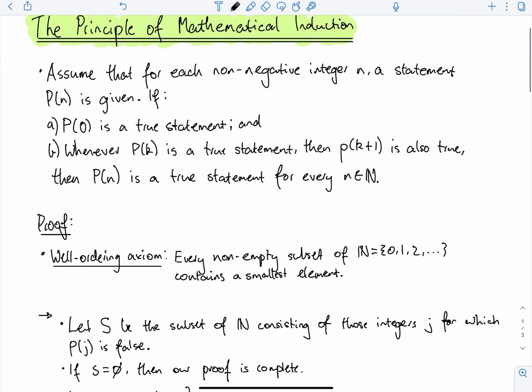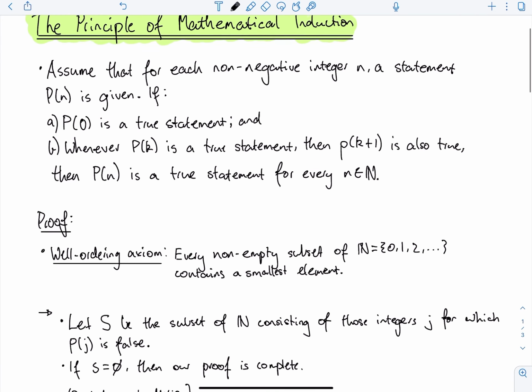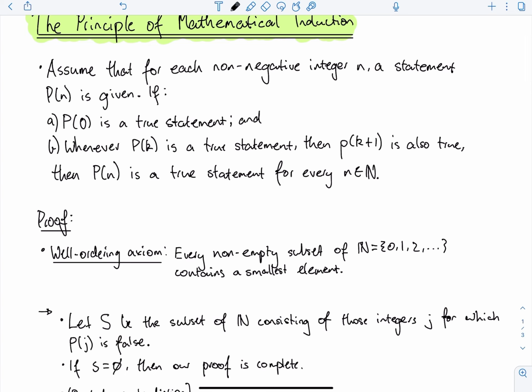So basically for property B, we've assumed the truth of P of k to show whether P of k plus 1 is true, and we do this when we apply the principle of mathematical induction.